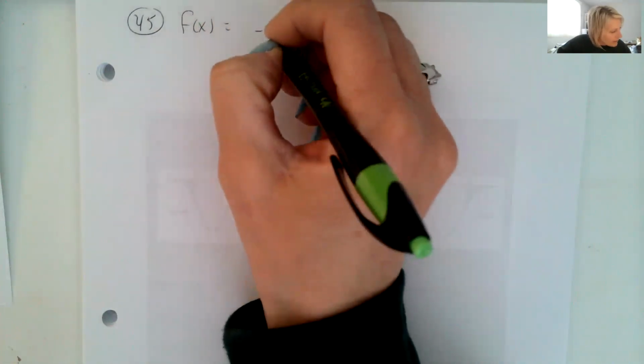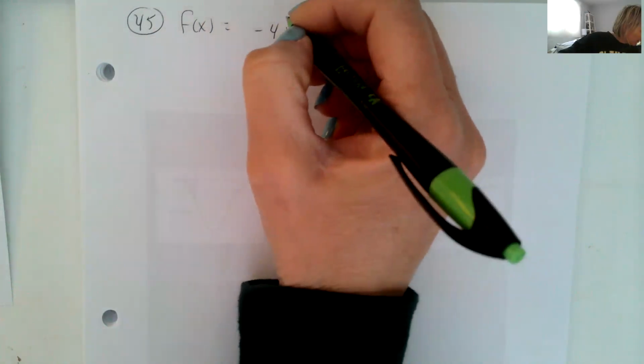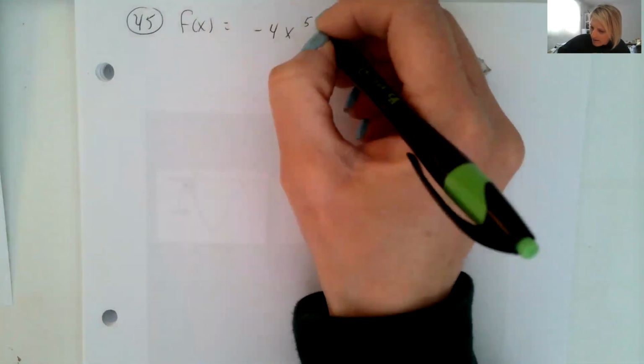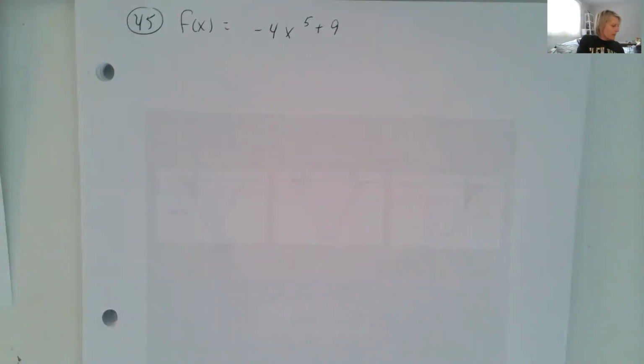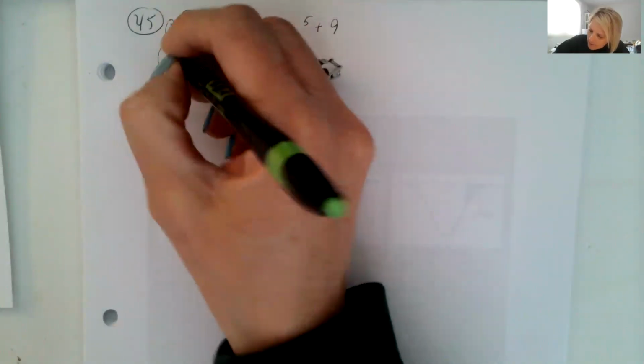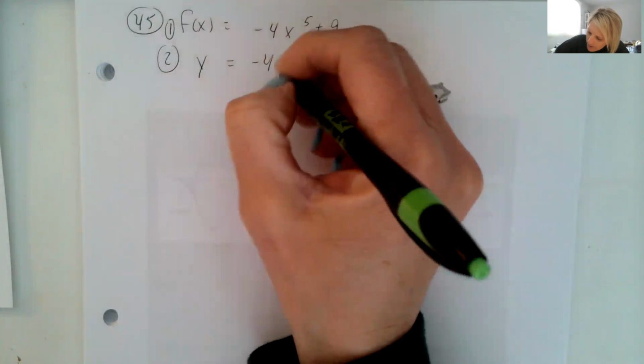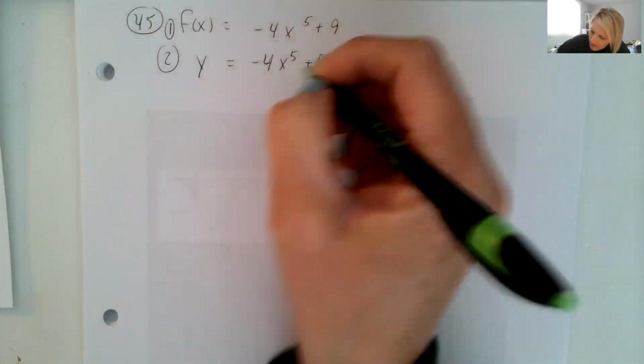f of x equals negative 4x to the 5th plus 9. Okay, so that's our first step. Our second step is to write it as y equals negative 4x to the 5th plus 9.